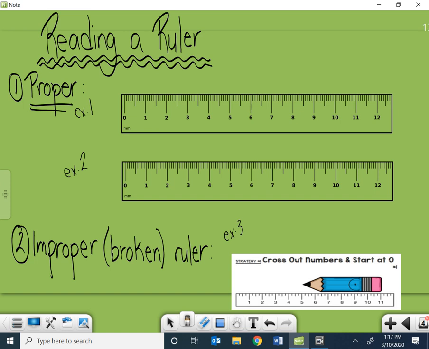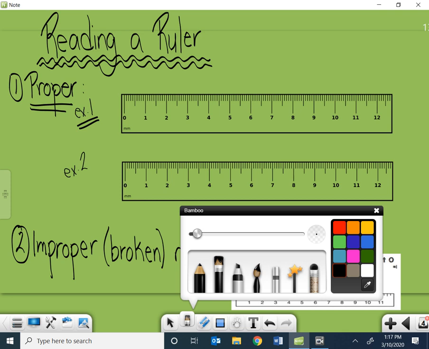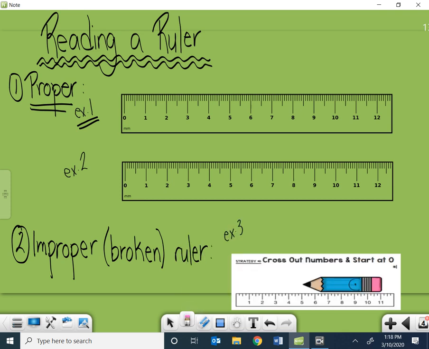I've got two examples. Let's look at example 1 first. Let's say I went for a walk and found a stick that was this long.